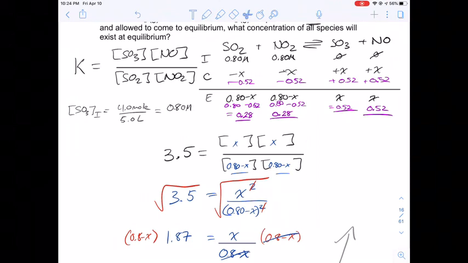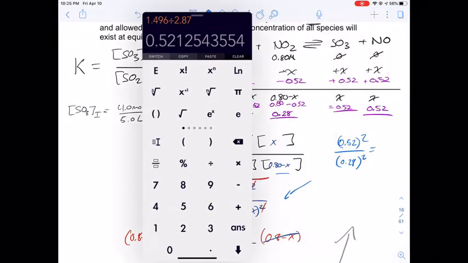If you are a super studious and careful student, then of course the next thing you would do is a double check, and we would put our 0.52, square that, divided by 0.28 squared, just as we reduced our equation down to there, and see what that gives us on that old calculator.